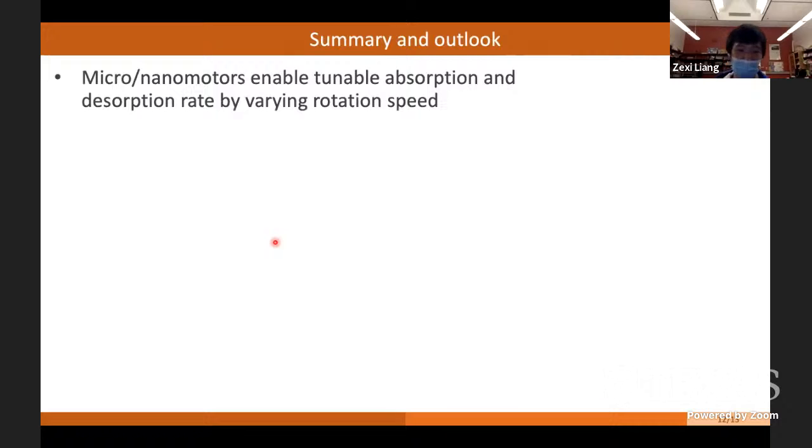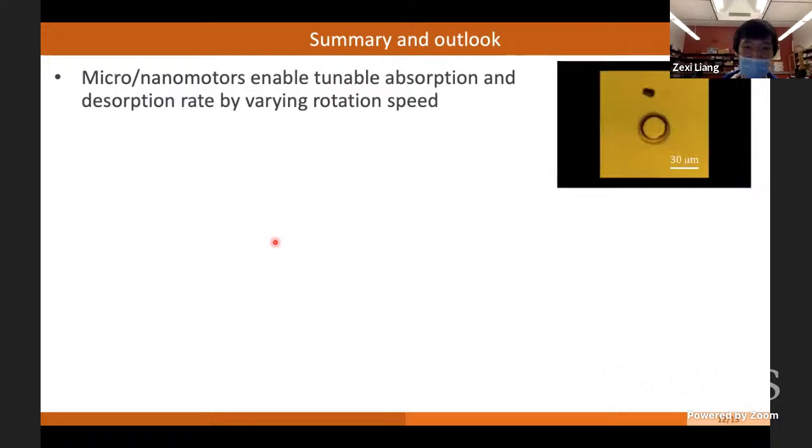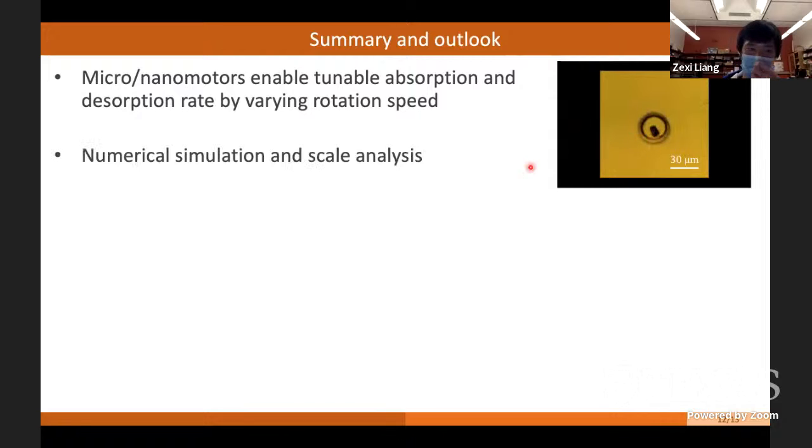In summary, we have demonstrated how to use a micromotor, nanomotor to enable a tunable absorption and desorption rate by varying the rotation speed. And here is a short video showing how we assemble a rotating micro sensor into a PDMS well as well.